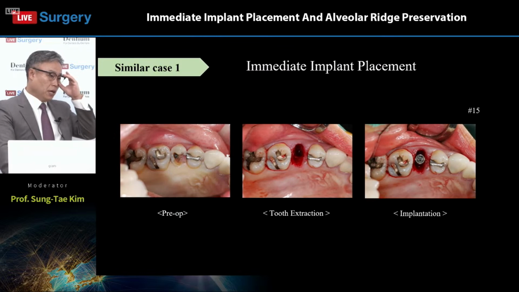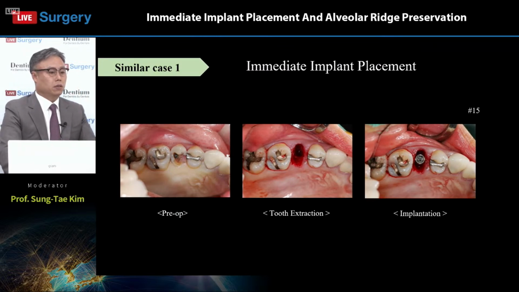This is a similar case Dr. Lee already practiced. Because of root crown fracture, the second premolar had to be extracted, and after tooth extraction, the implant was placed immediately, probably diameter 4.5 or 4.0, leaving the gap defect on the palatal and buccal side.